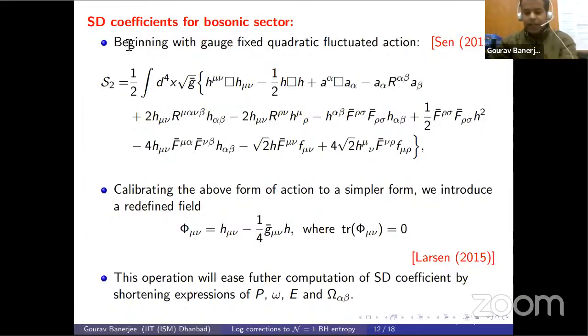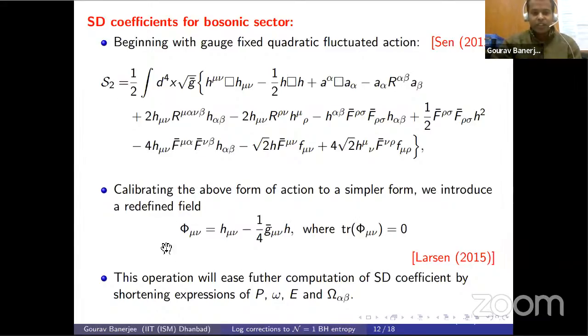So now we will apply the heat kernel methodology to our non-minimal N equal to 1 Einstein-Maxwell supergravity theory. Imposing fluctuations in the metric and gauge field in the bosonic sector of the action, that is L equals R minus F mu nu squared, one can get the gauge fixed quadratic fluctuated action of the bosonic sector, this one.